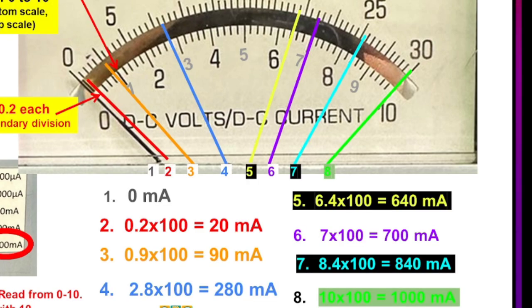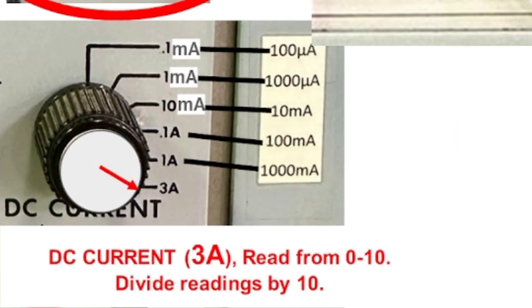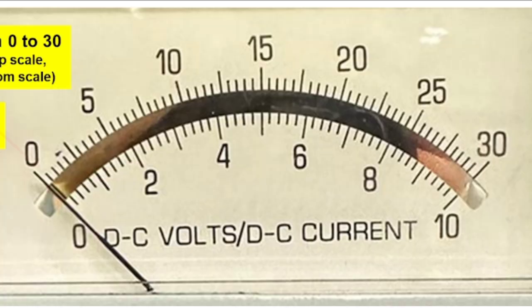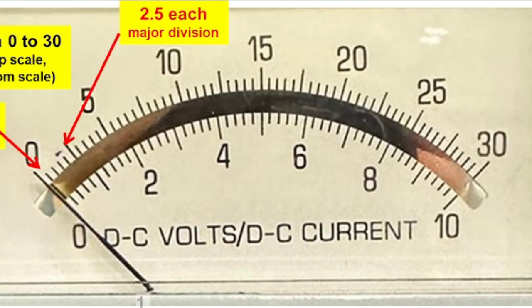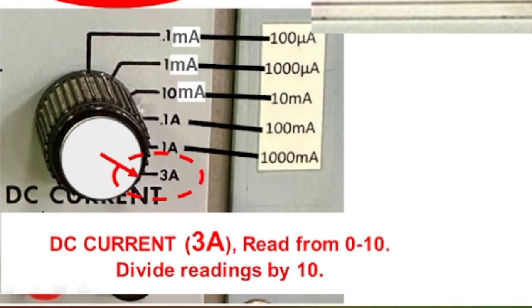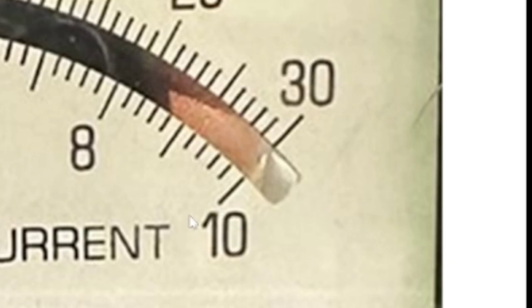And lastly, we have the 3A or the 3 amperes limit. Because we put our selection to 3 amperes here, we will now be using the top scale again. We will not use 10 because this is 3. Because this is 3A, the limit is 10 here. We cannot use 10.